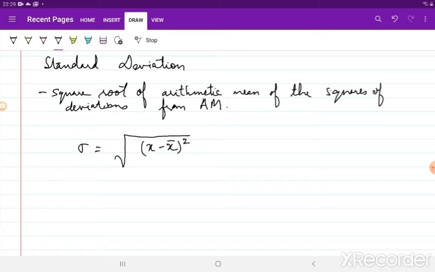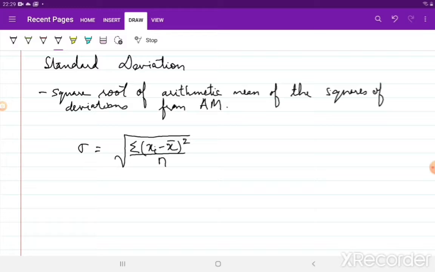It is squared, and the mean of that will be like this: sigma is the square root of summation xi minus x bar whole square divided by n.